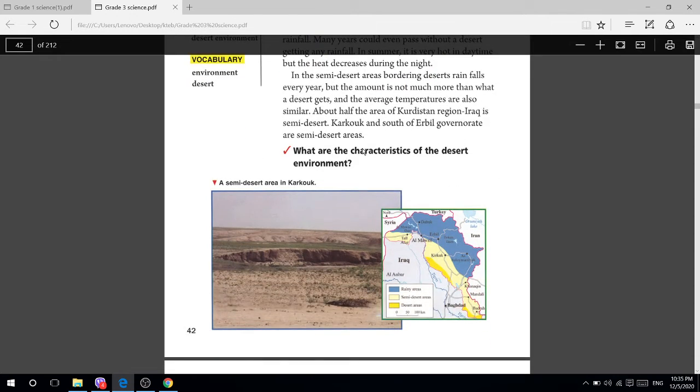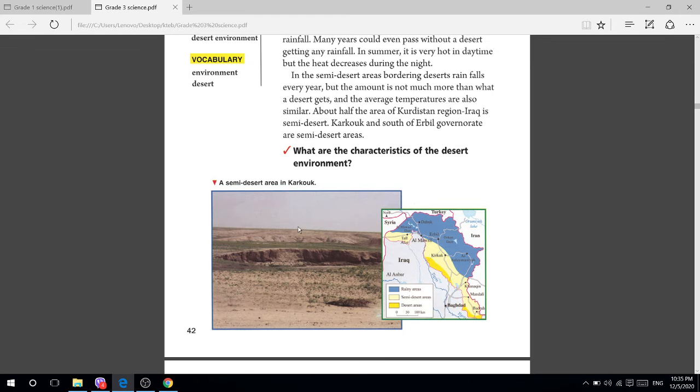Okay, students, look at this picture, a semi-desert area of Kirkuk. This is an example and a picture of a semi-desert. Do you see? We have some grasses and plants.